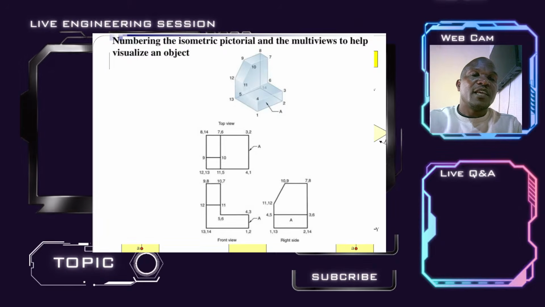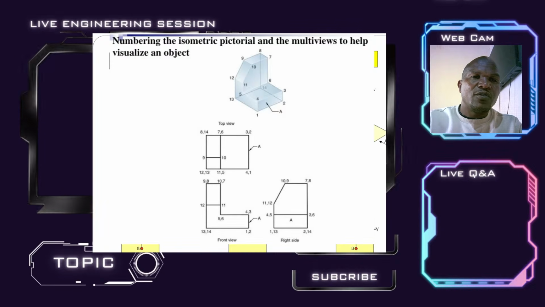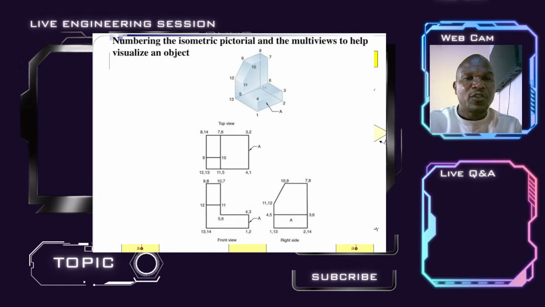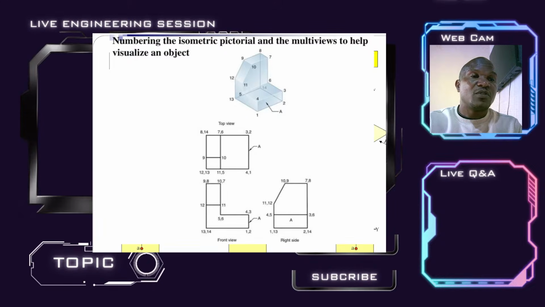Where is this 14 that we are talking about? 14 is shown on the top view, as well as on the right side view. And once you communicate that, we are able to understand the length, the depth. It tells you that from 13 to 14 in this case, the length can be measured and counted.